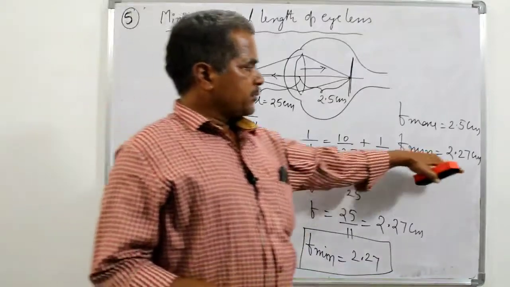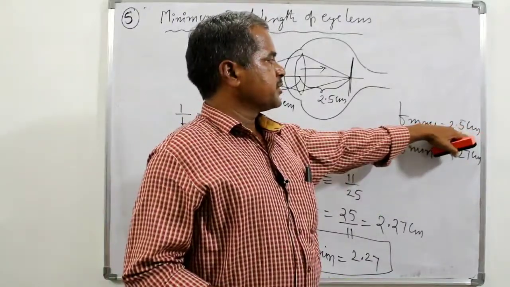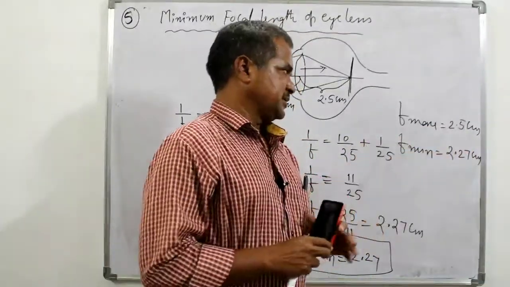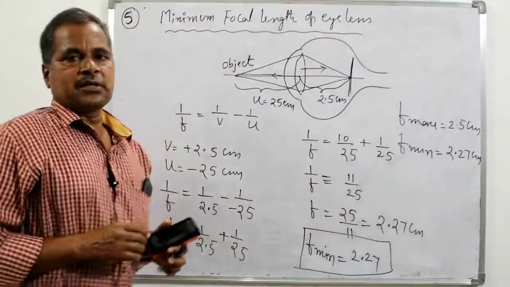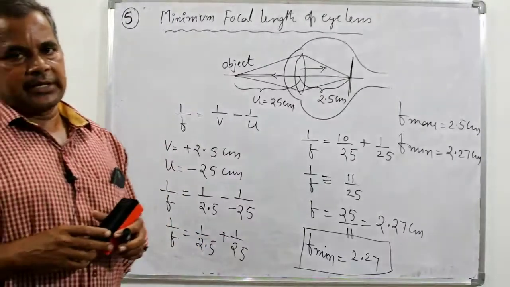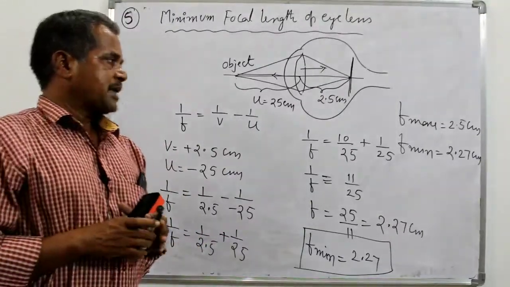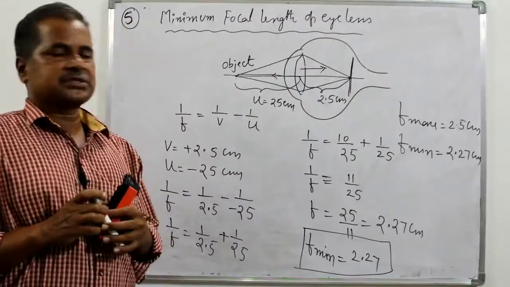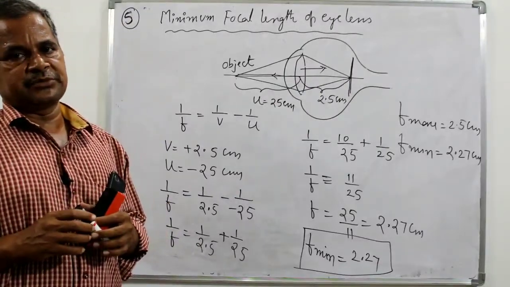So these are the upper limit and the lower limit of the focal length. Beyond these measurements we can't see any objects properly, so the maximum focal length must be 2.5 centimeters and the minimum focal length must be 2.27 centimeters. Okay.